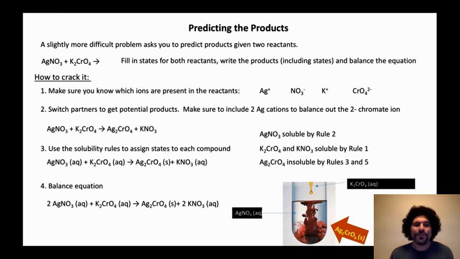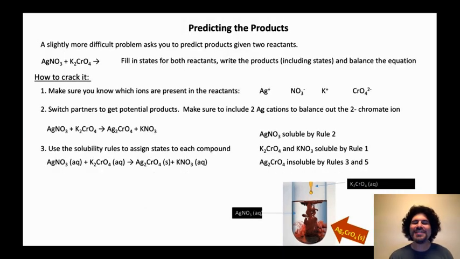So there's 1 chromium on the left, 1 chromium on the right, 7 oxygens on the left, 7 oxygens on the right, so those are both balanced. Therefore, simply putting the 2 in front of the silver nitrate and the 2 in front of the potassium nitrate on the right successfully balances this equation.